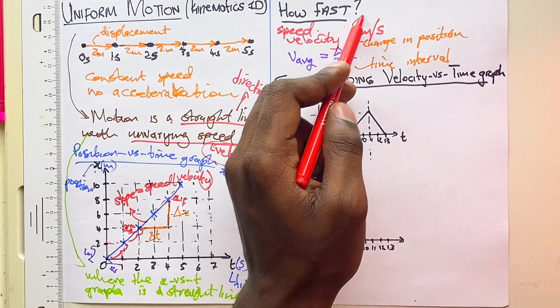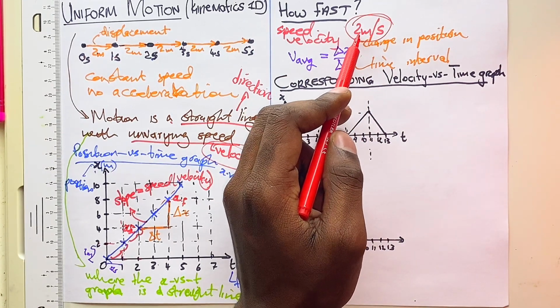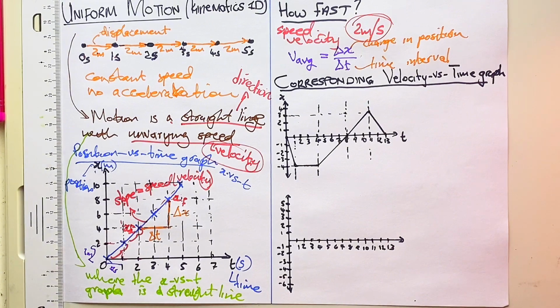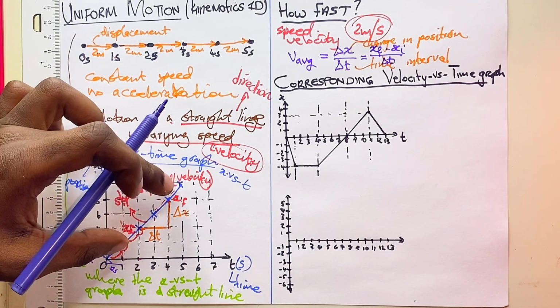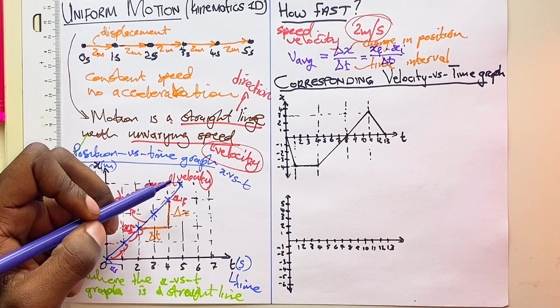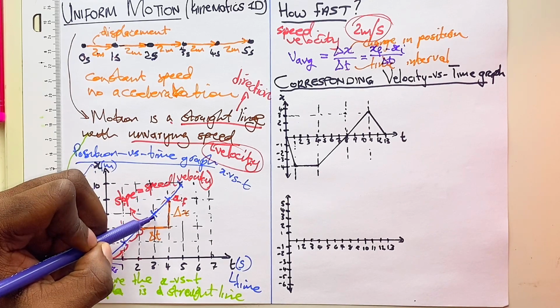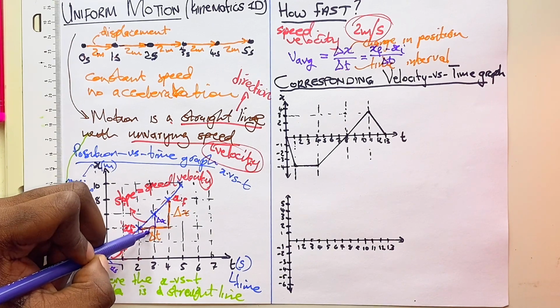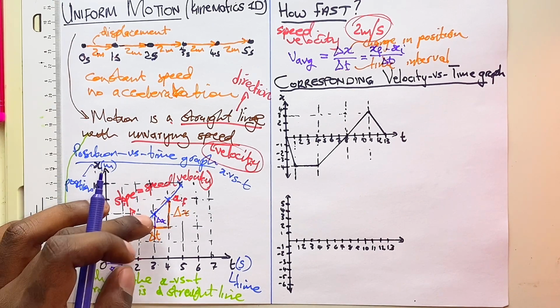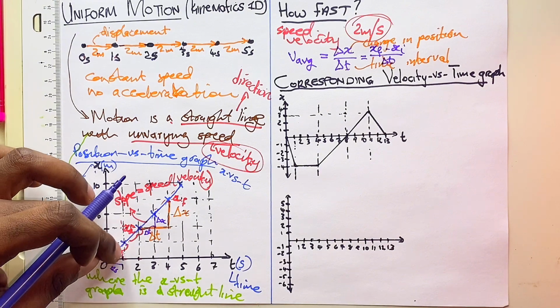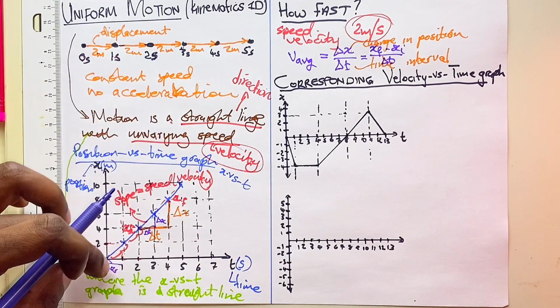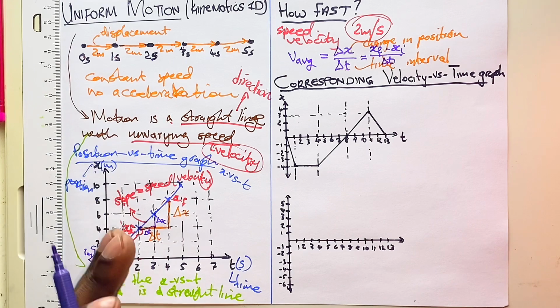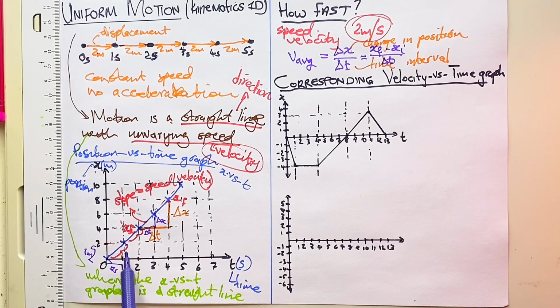Hence our velocity is 2 meters per second. No matter how big a chunk you take, it will still give you the same answer. Even if I only took this little block here and said change in x over time interval, it will give you the same answer because the slope of a straight line is constant throughout. And that's the point we are making, that the motion will be uniform throughout.